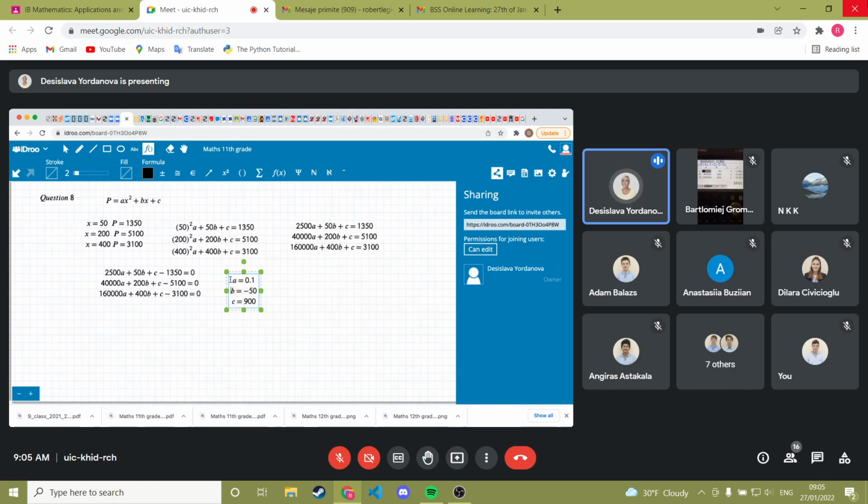Bartek, the easiest way to check if this answer is right is to substitute these three values in the first equation, they don't work. So something is wrong with your coefficients, maybe? Just check how you entered them. I mean, I can't really find a mistake. I wrote down the same values.